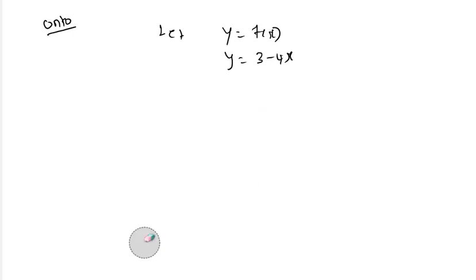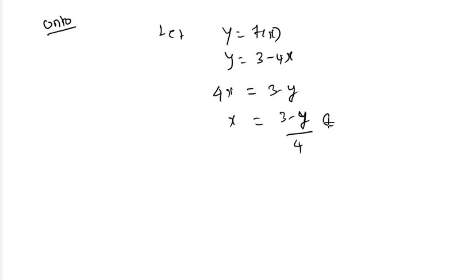So 4x is equal to 3 minus y, and x equal to 3 minus y by 4. x is the pre-image, and it belongs to the range.